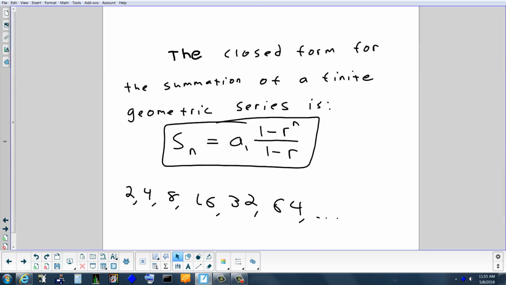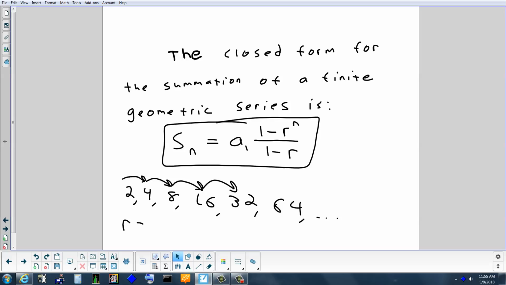That's a geometric series. The reason it's geometric is because I'm multiplying each time to get from one term to the next. What did I multiply by each time? So 2. Yeah, I doubled each time.